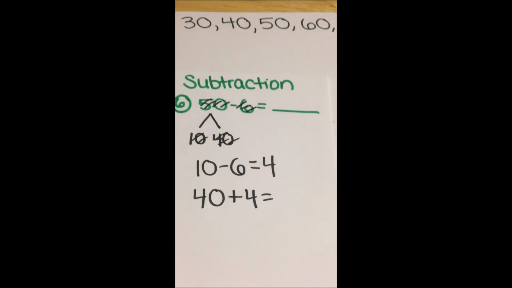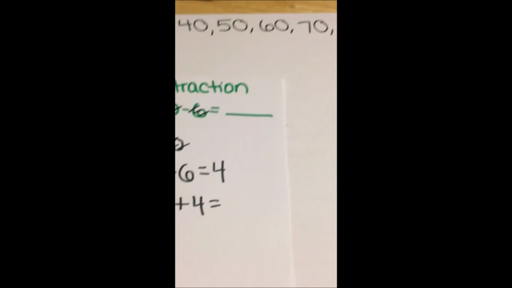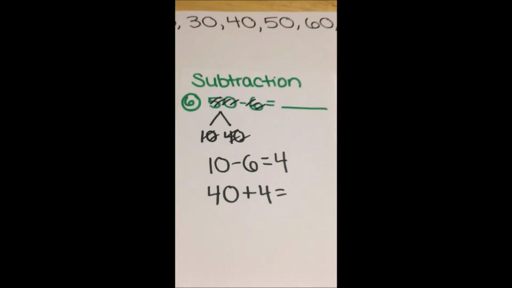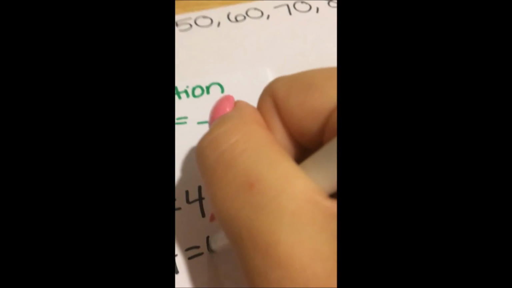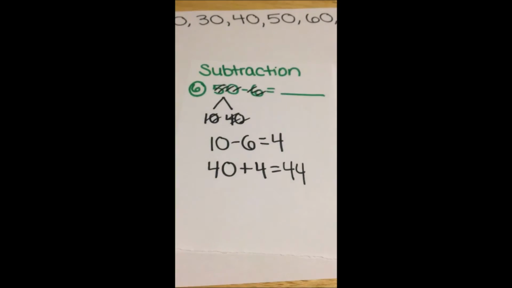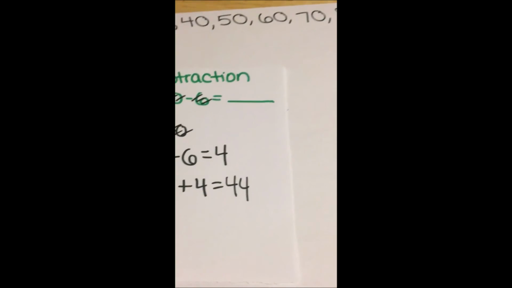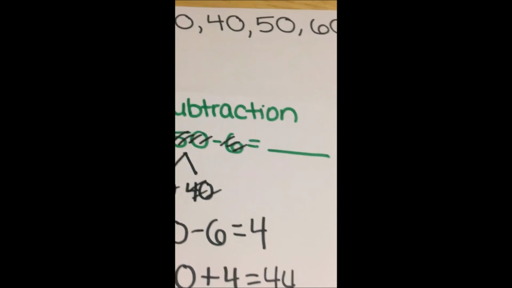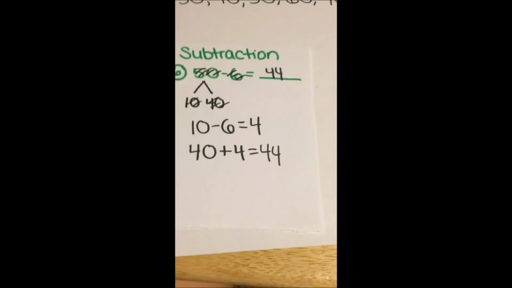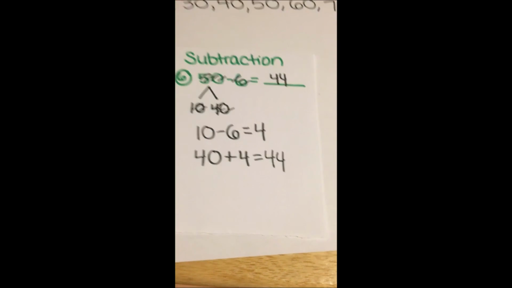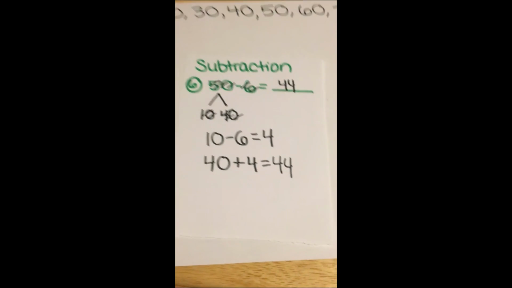So 40 plus 4 equals, if you said 44, you got it. Now if 40 plus 4 equals 44, then 50 minus 6 equals, good, 44.